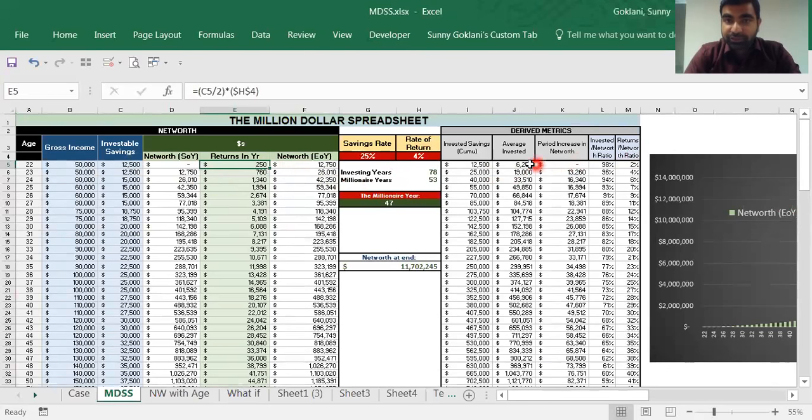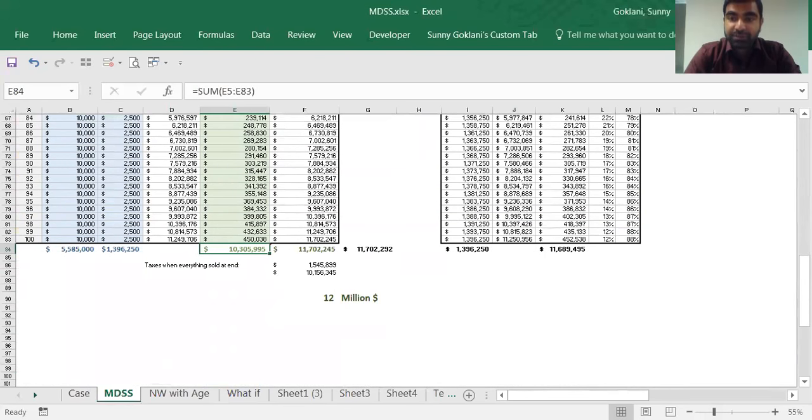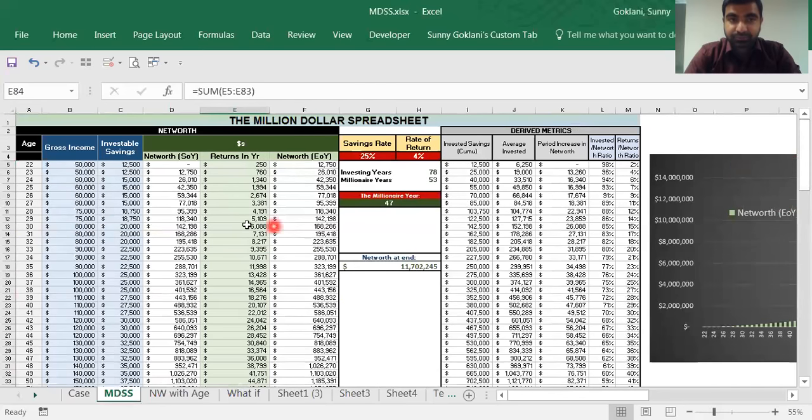So we have this column which calculates the average amount invested in the year, and then we calculate 4% of that. That is the return generated in the year. Net worth at the end of the year is this much. Now 12,750 again is the start of net worth for the second year, and the returns generated are again 4% of the average invested in that year, which was 19,000.